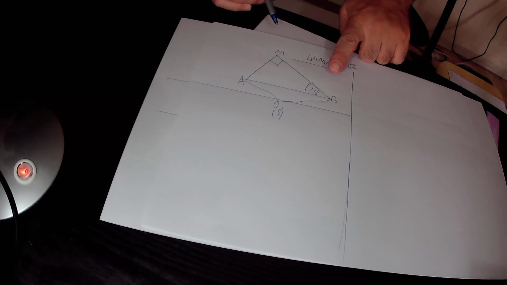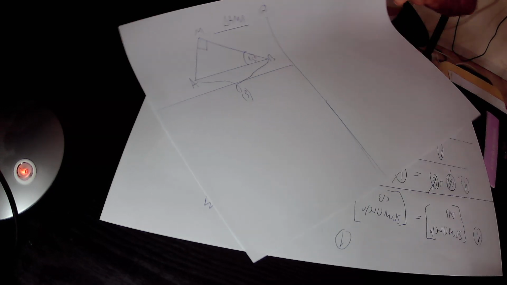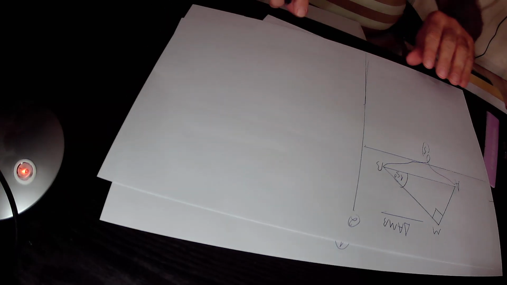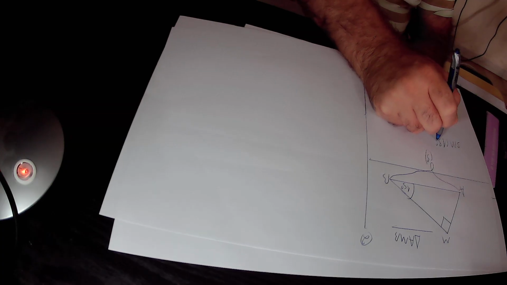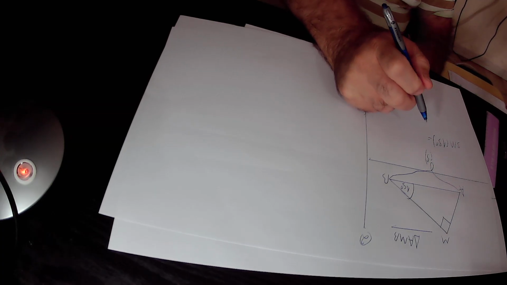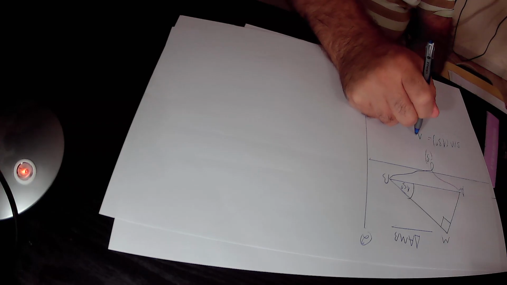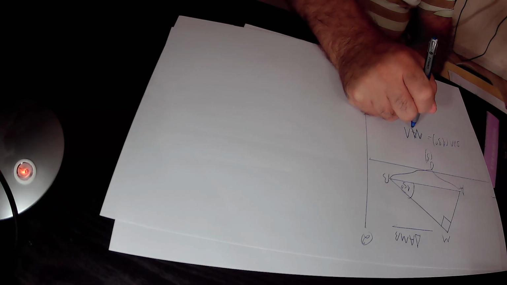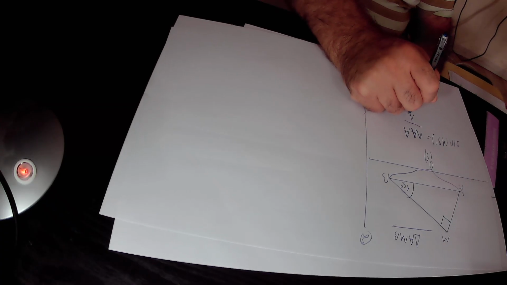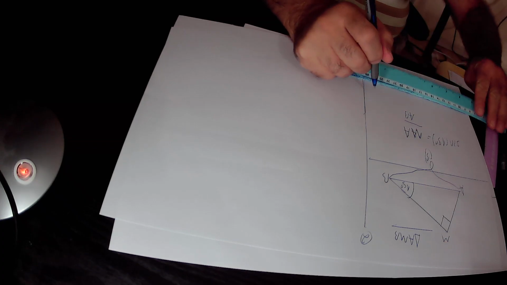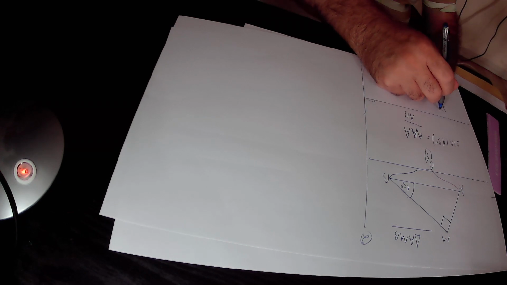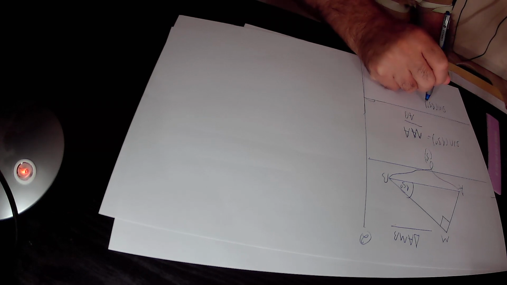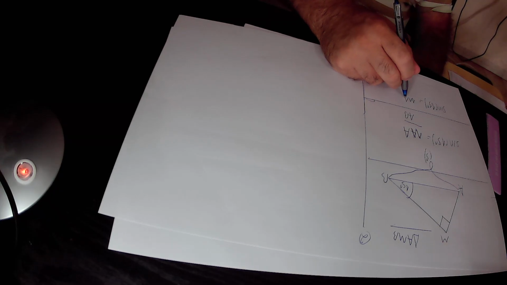So in this right triangle AMB, sine 15 degrees equals MA over AB. So as you know, sine 15 degrees is equal to MA over AB.